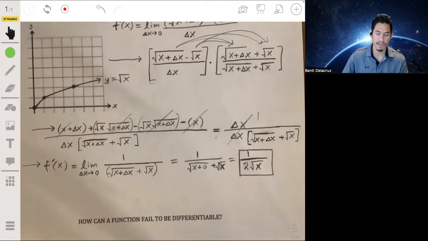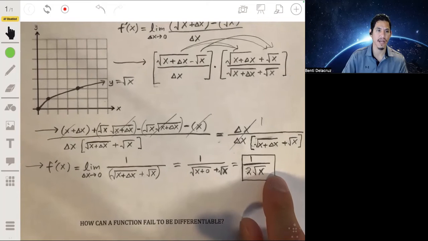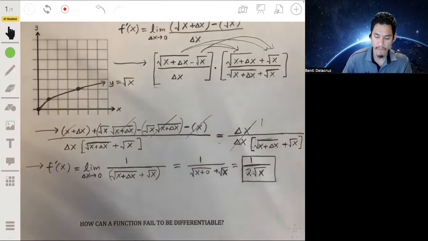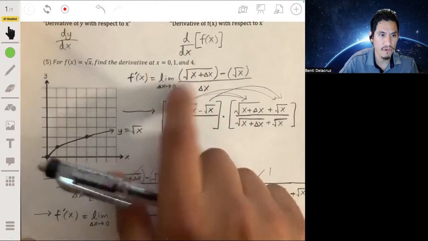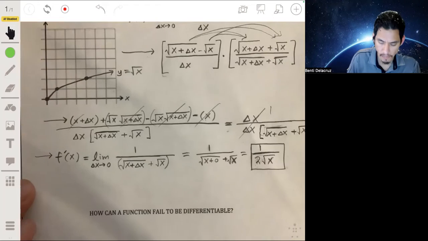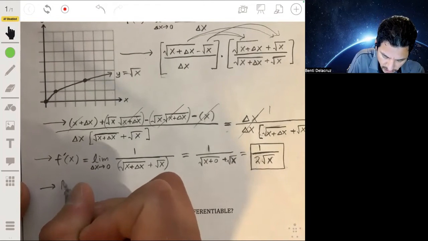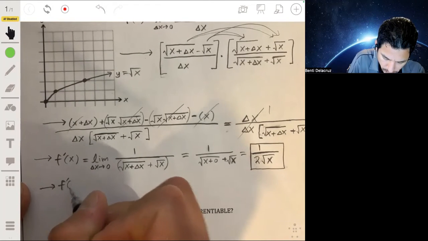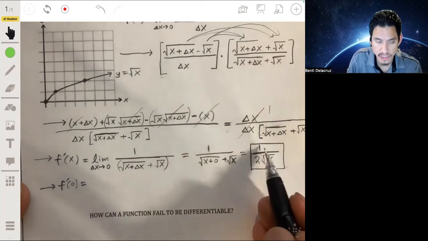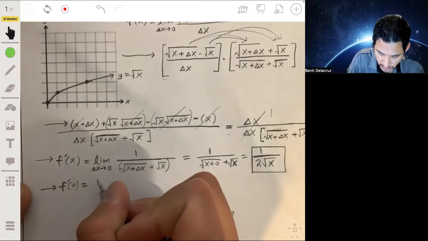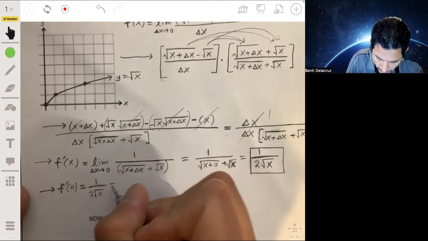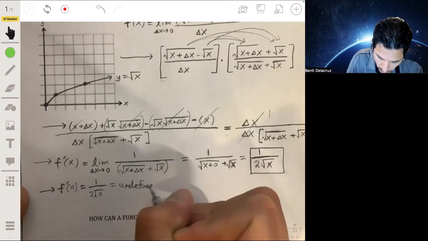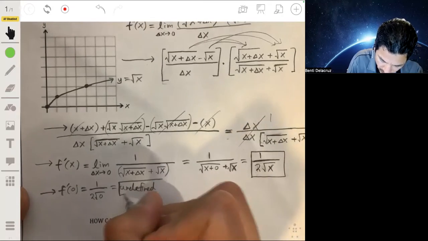Now, remember, this is a function that describes the derivative. So to find the actual value of the derivative at these points, you're just going to plug in those x values. We're going to plug in 0, 1, and 4, and then just calculate. So for the first one, if you want to find f prime of 0, that'll be 1 over 2 times the square root of 0, which is actually going to be undefined. We'll talk about what that means in just a minute.